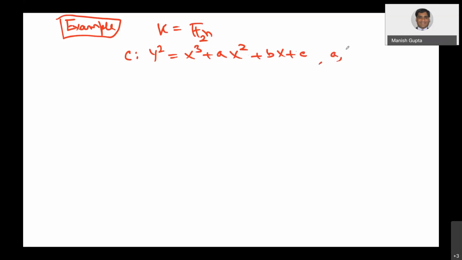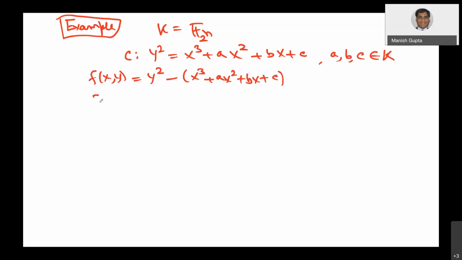Obviously, a, b, c belong to K. So we can write down f of x comma y as y square minus x cube plus ax square plus bx plus c. Right?